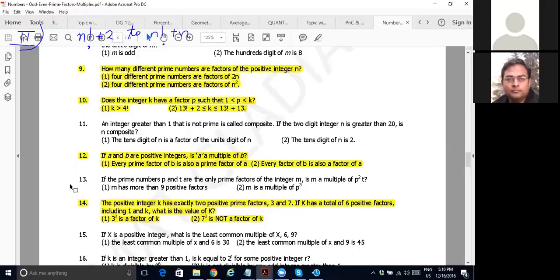So it says, does K have a factor P such that P lies between 1 and K? Obviously K is greater than P and P is greater than 1. So what is the exact meaning of the question?